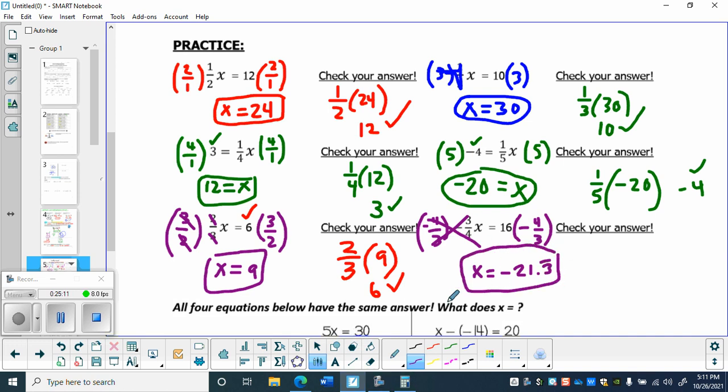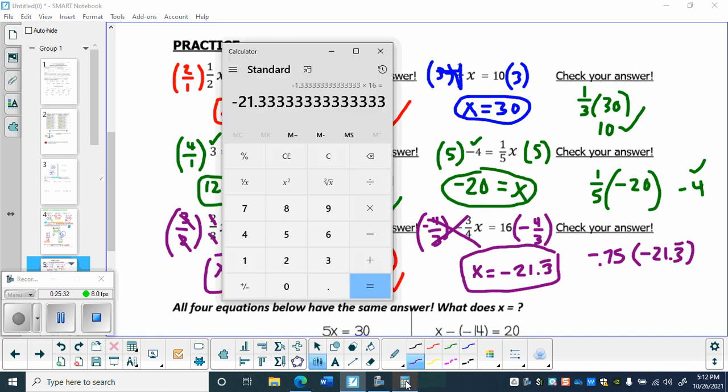And to check, I'm just going to leave that in the calculator. Again, let's not get lost in this. The negative 3/4, I'm just going to make it a negative 0.75. And I'm going to plug in my answer here, negative 21.3. And when I multiply these, I should get my 16. Now this should already be in my calculator, and it is.